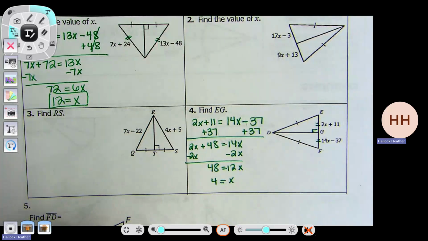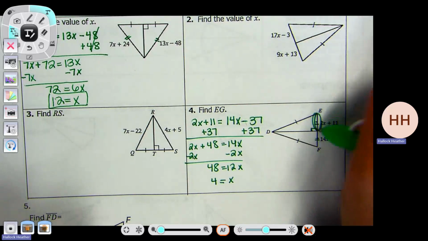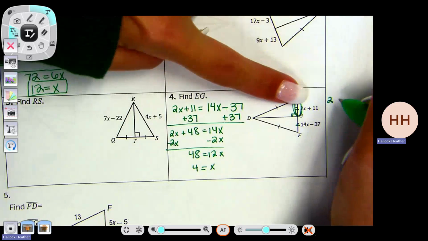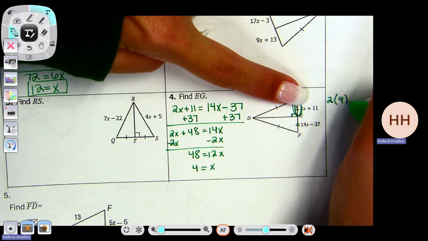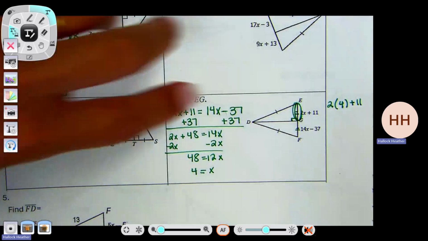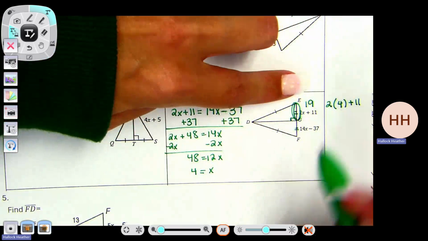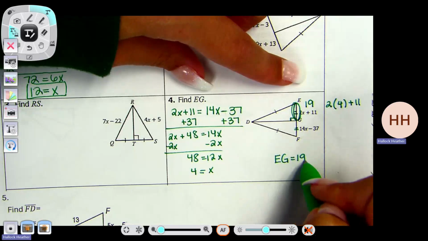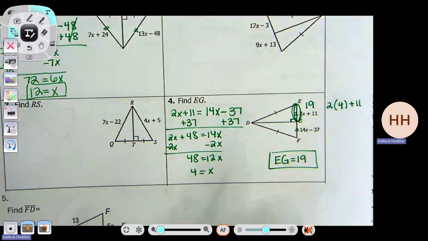But that's not the answer because we have to substitute it back in. So EG is this section right here. This is the part that you don't really need to write out, but I'll write it out. You're plugging in your x, which is 4, in 2x, and you're adding 11. So 19. So EG equals 19.